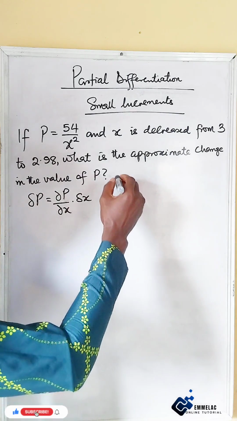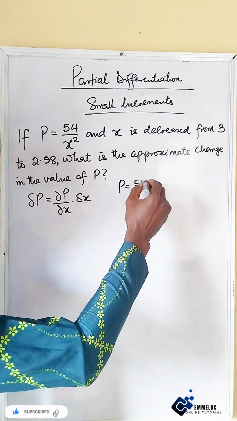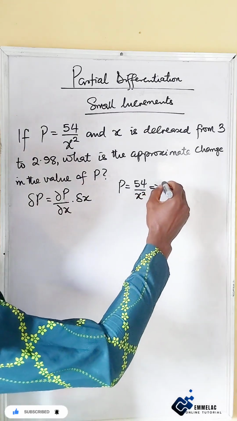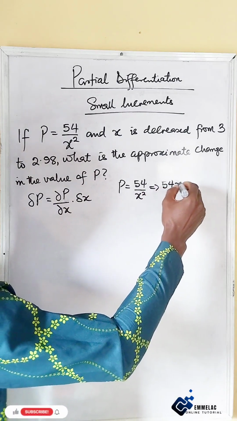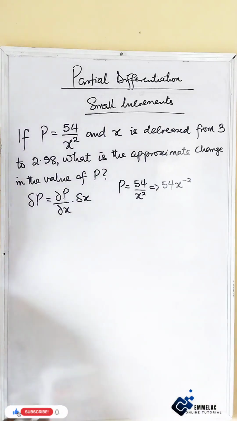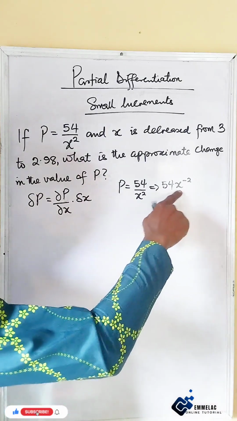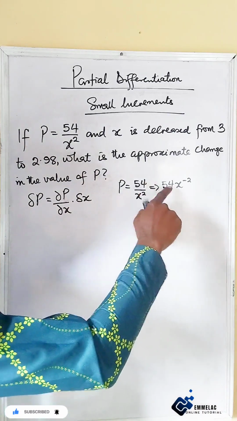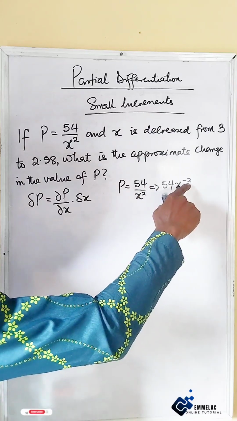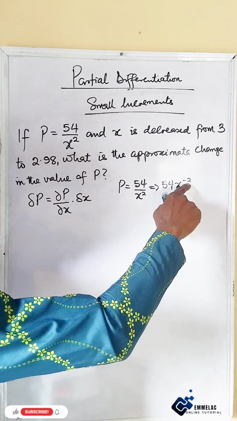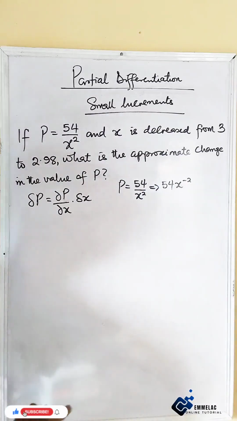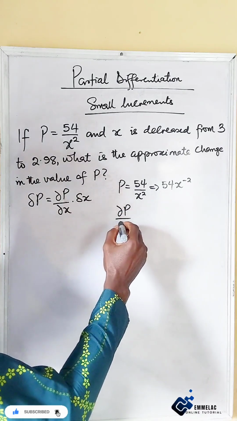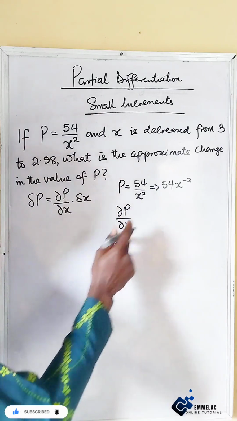So let us take here that p equals 54 all over x raised to the power of 2. Now this can be rewritten as 54 x raised to the power of minus 2, that is, if you have to make this denominator a sort of indices. As it's coming over to be a base, the power becomes negative. So to this end, you find the partial derivative of p with respect to x.